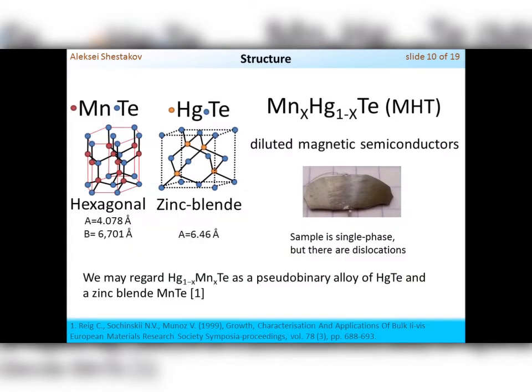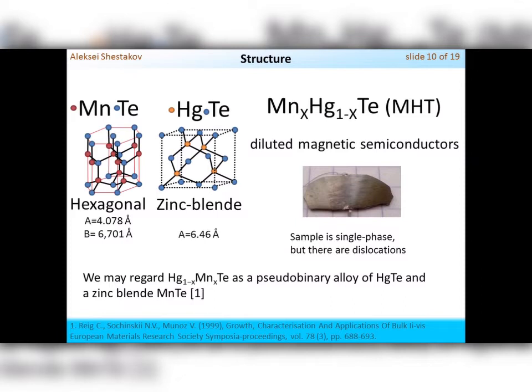Manganese tellurium compound has a hexagonal structure, and mercury chalcogenide has a zinc blende structure. For small values of manganese concentration in manganese mercury tellurium, the distances between the manganese ions are large enough and cannot change the structure. So the compound mercury manganese tellurium has a zinc blende structure as well. In general, the structure and the macroscopic homogeneity of the crystals are determined by the method of Grothendieck by impurity ion concentration.